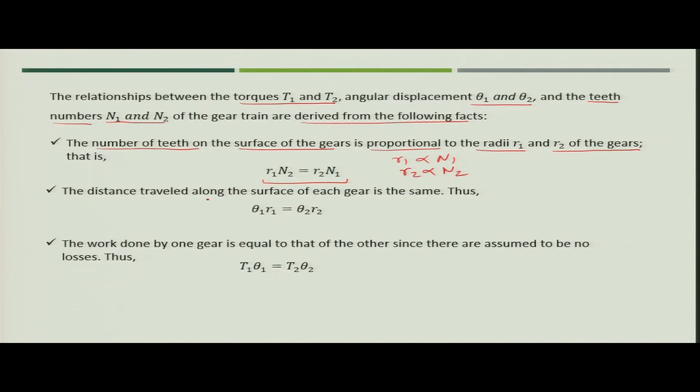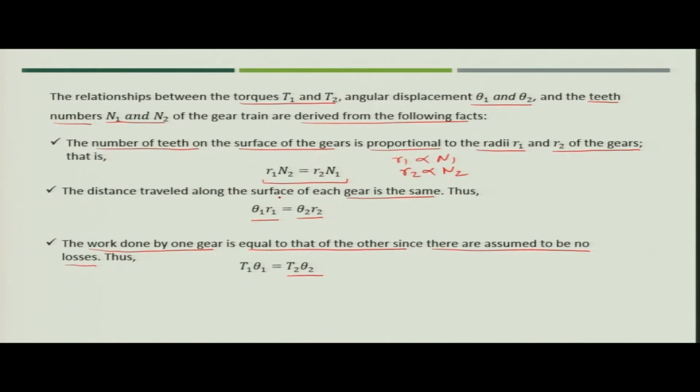Now, the distance travelled along the surface of each gear is the same. Therefore, you can write theta 1 R1, that is the distance travelled, equal to theta 2 R2. Third is that the work done by one gear is equal to that of the other, since there are assumed to be no losses. In that case T1 theta 1 will be equal to T2 theta 2.